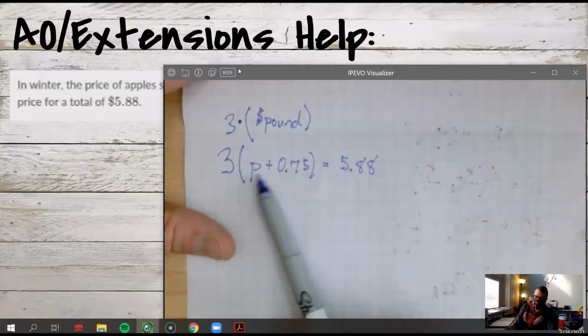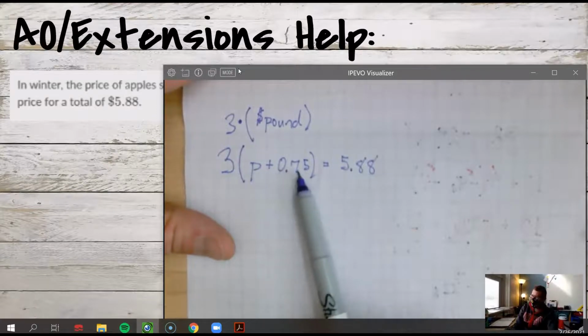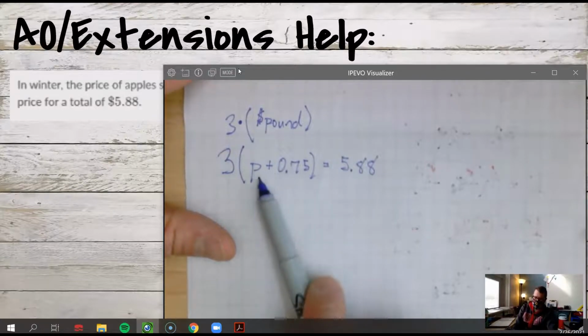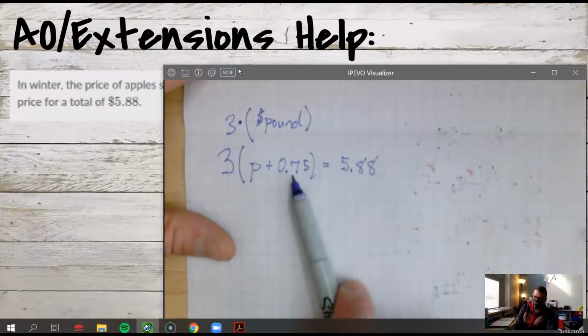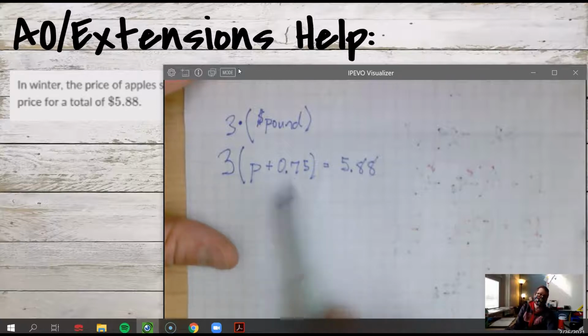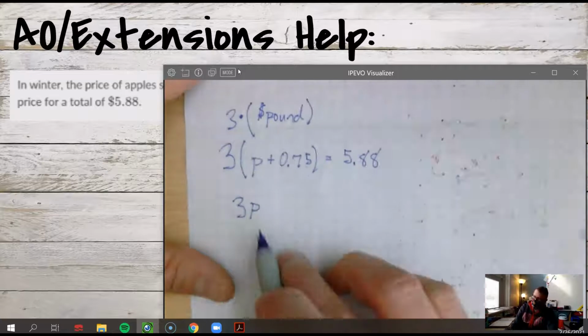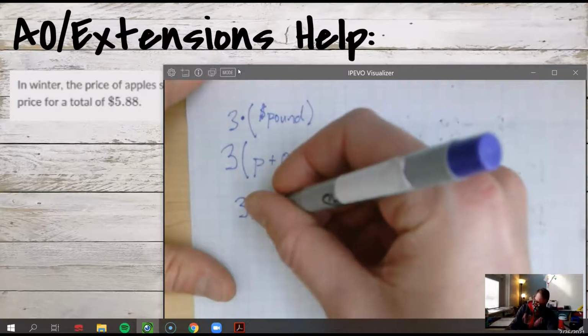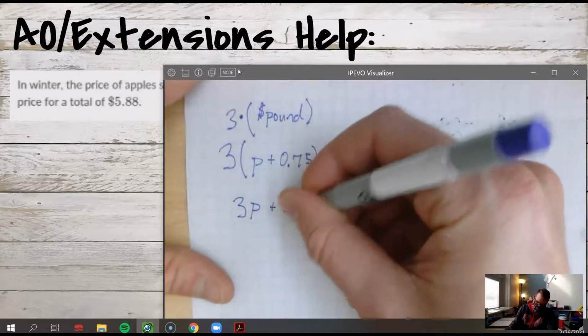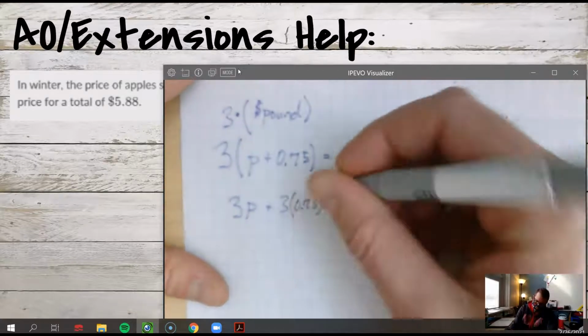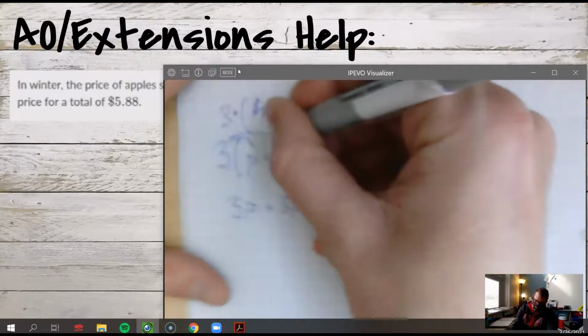So the old price gets added by 0.75. So what we're actually going to pay is whatever the price was plus 0.75. And we're going to do that 3 times over, right? So we will pay 3 of what the price was, and we'll pay 3 of the extra 75 cents. So that is like writing out that distribution.